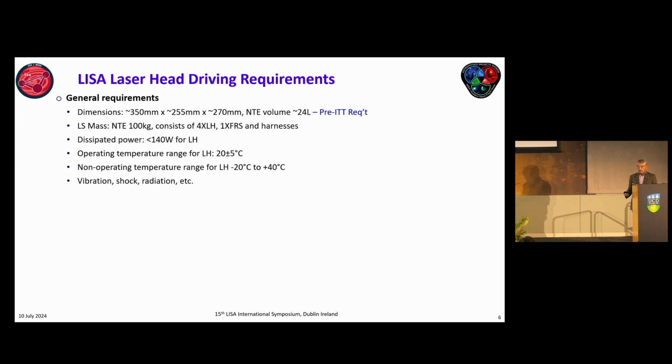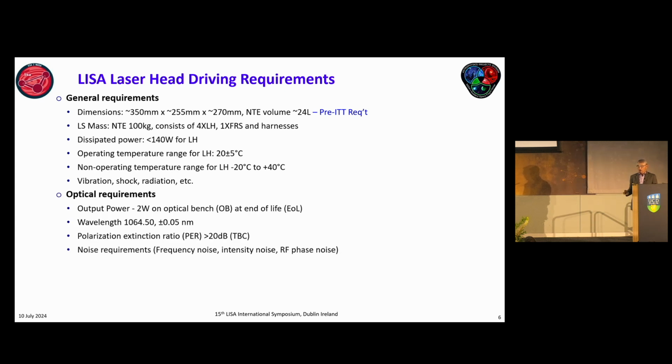We also have the dissipated power, operating temperature, non-op, and of course we have the vibration, shock, and radiation requirements for the launch and also for the environment. For the optical requirements, the optical power requirement per laser is 2 watts, fairly constant over the life of the mission, and a wavelength of 1064.5 plus or minus 0.05 nanometer.